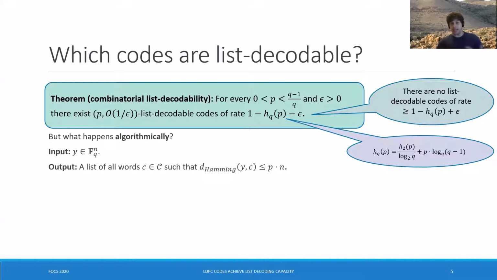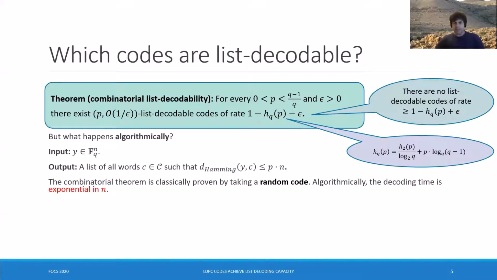And this is how he compiles the list, the list decoding list. So the combinatorial theorem says that there are codes where only a small number of words are p-close to y, but it doesn't tell us what Bob needs to do in order to find these words. And what we're looking for is a code which satisfies the combinatorial theorem, but is also equipped with an efficient algorithm that, given y, actually finds a list of code words that are p-close to y.